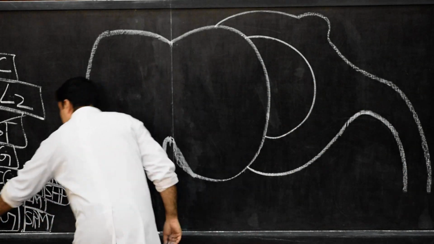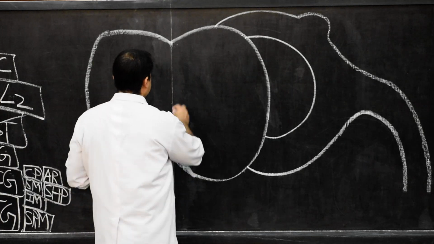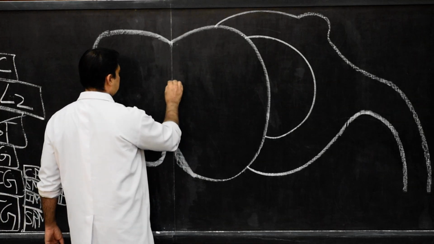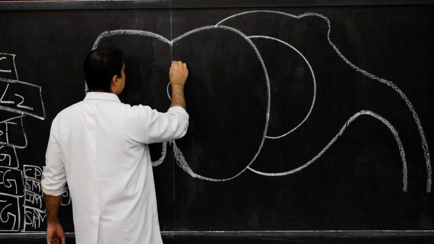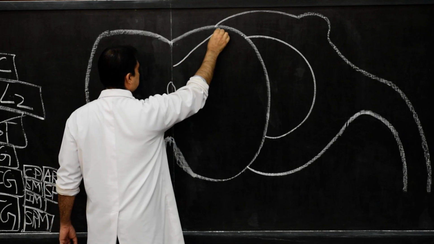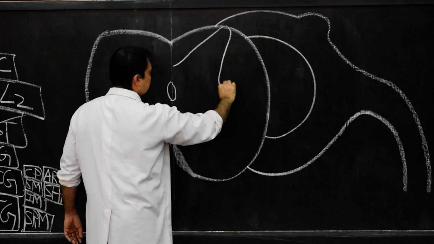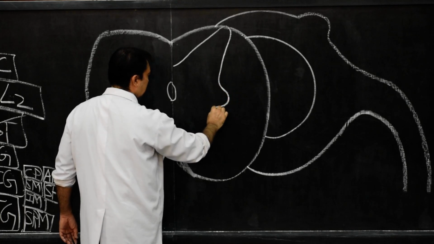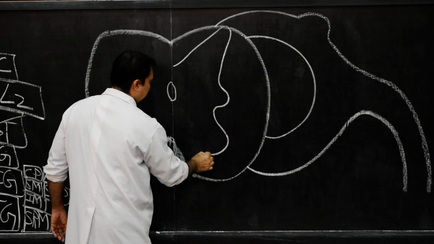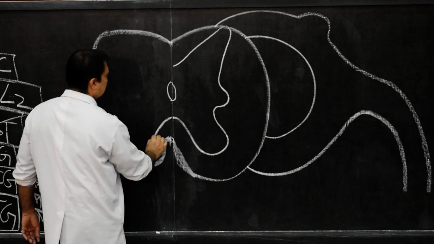Now, if I mark this diagram, here I will show the central canal, and also I will show the dorsal gray horn, the lateral gray horn, and the ventral gray horn. Same on this side.